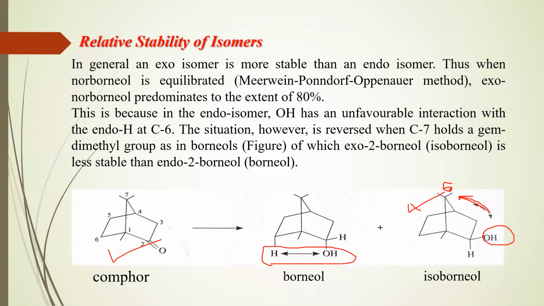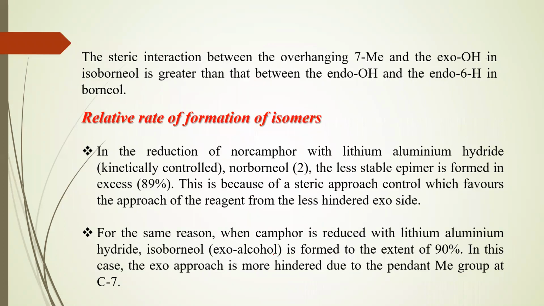This exo group is more stable because there is less hindrance, less unfavorable interaction of that OH and this hydrogen group. Therefore, the exo-OH isoborneol is greater than the endo OH.